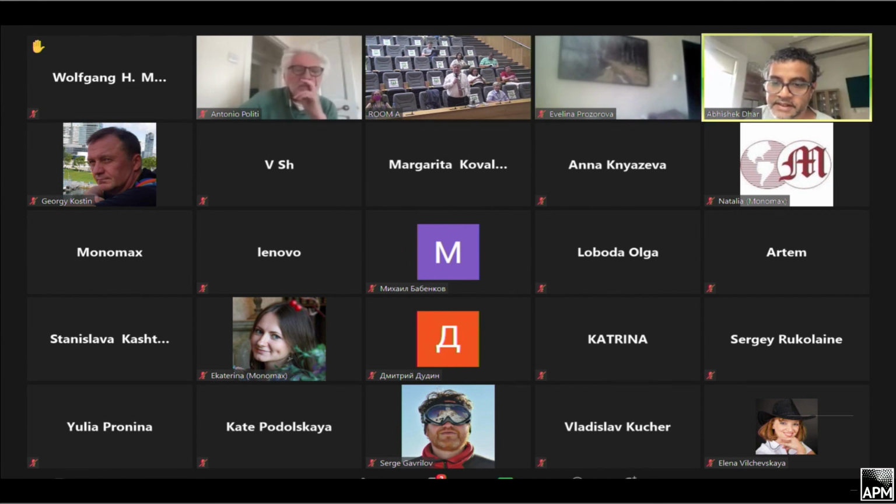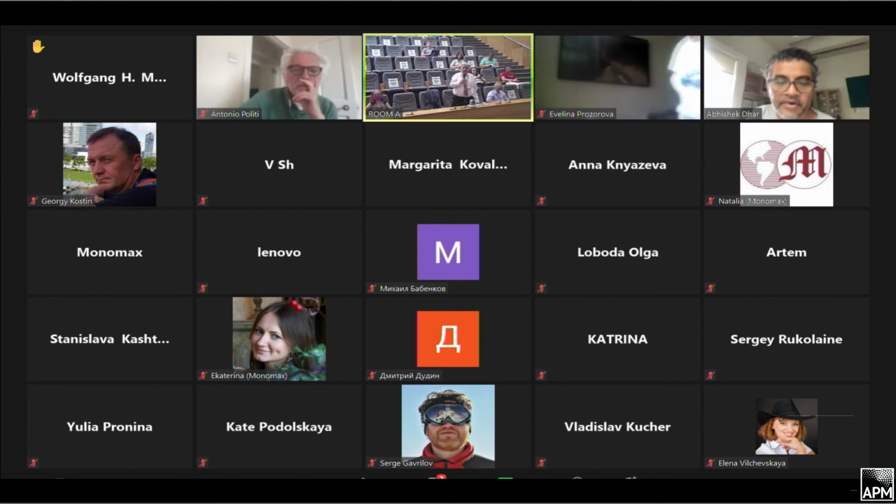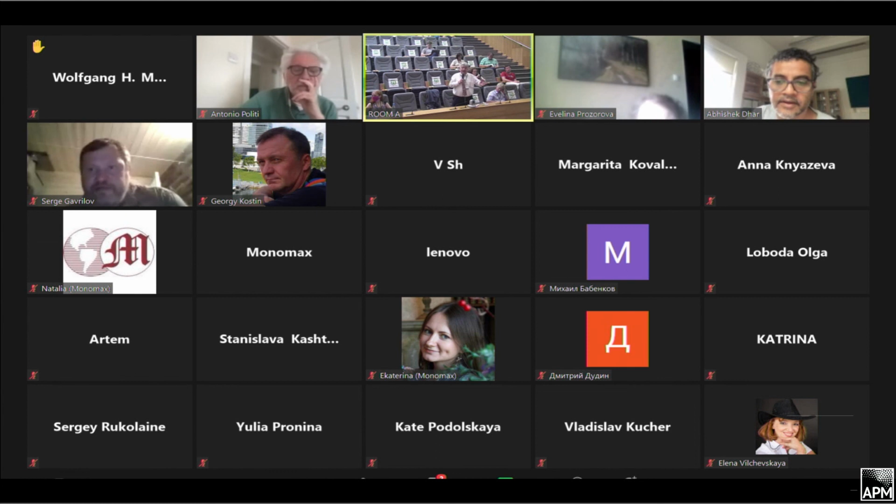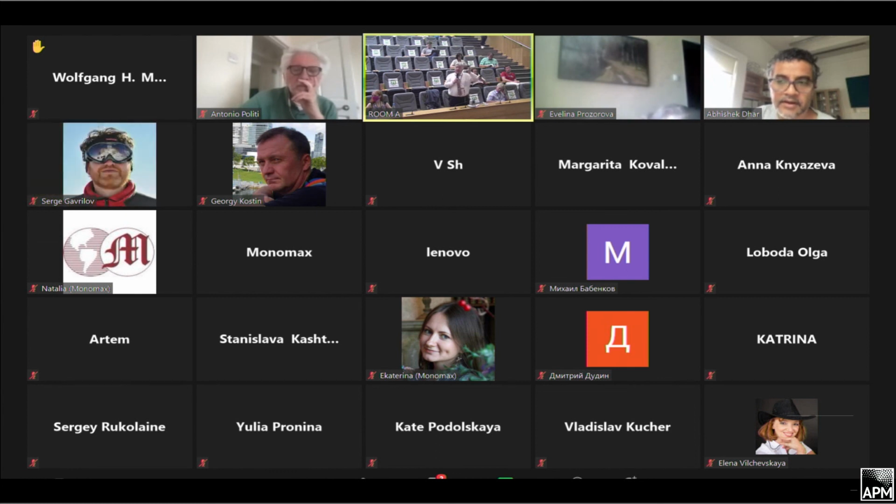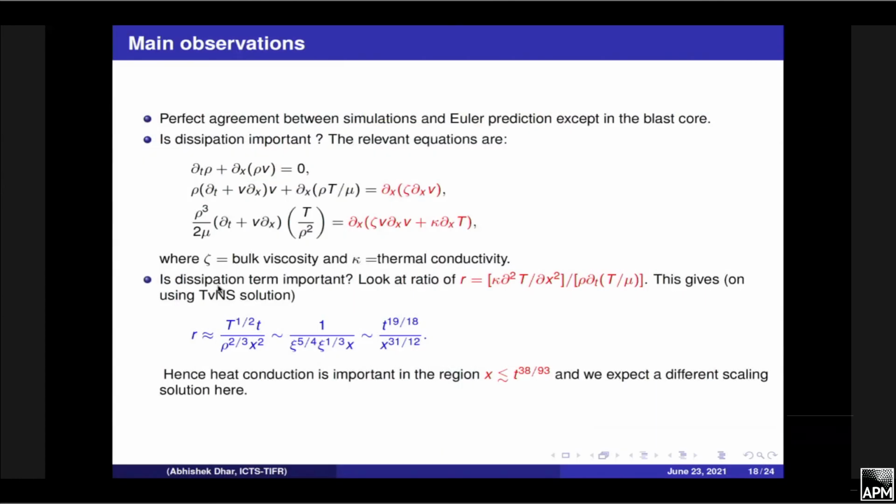I don't know if you can see it. Nevertheless, there is the comparison of some ratio between distance and time to the power 38 over 93 or something like that. Yes, here it is.